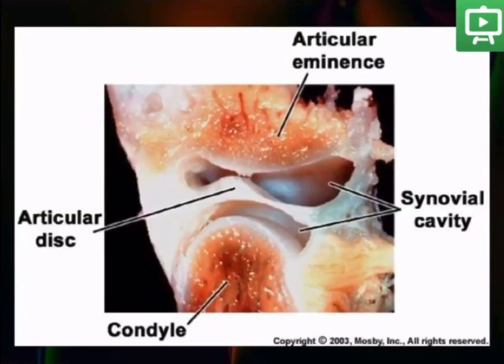A sagittal section through a magnified view of the temporomandibular joint. The articular surfaces, the articular eminence and the condyle, are lined with fibrous tissue, as well as the articular disc, which is made of dense fibrous tissue, separating the synovial cavity into upper and lower spaces.